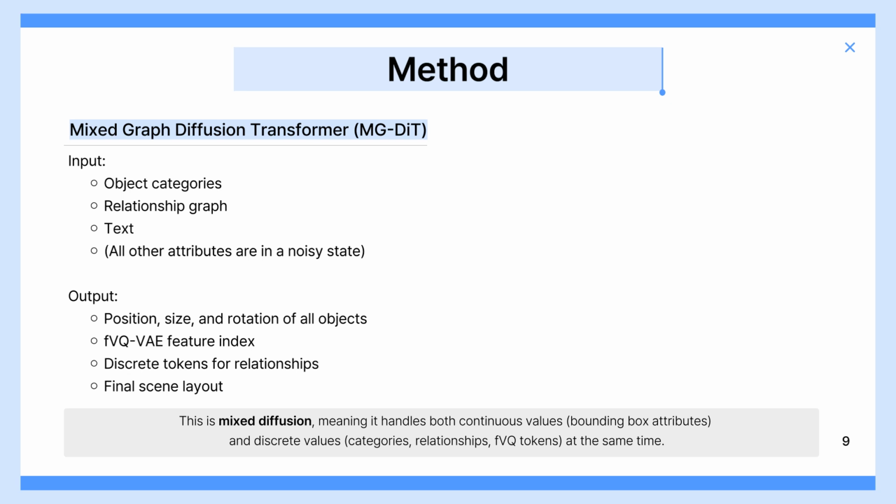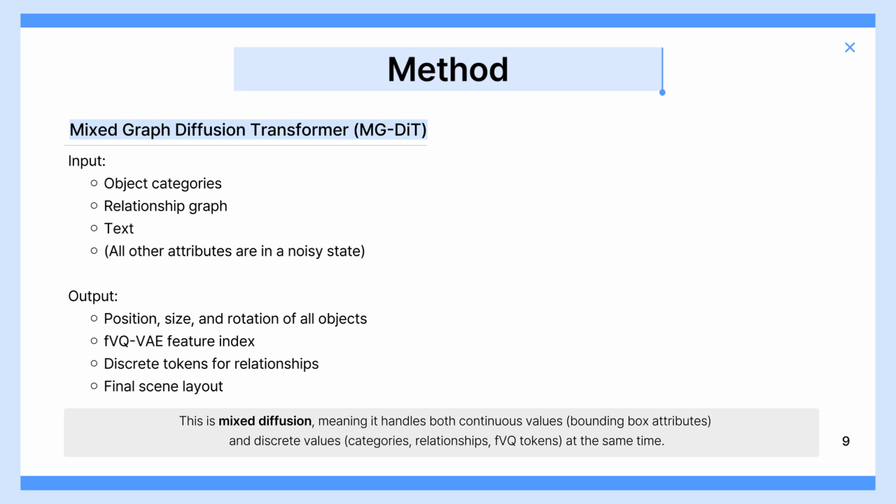Now, let us move on to the second major component, MGDIT. The inputs to MGDIT include the object categories, the relationship graph, and optionally a text description. All other attributes are given in a noisy form.